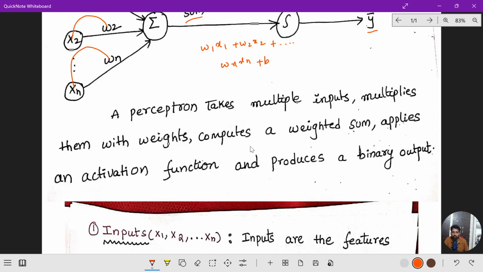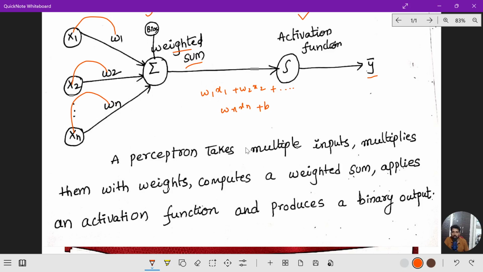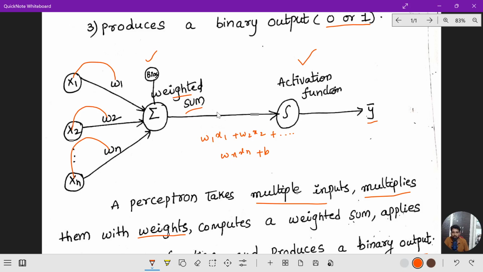So you see the description: a Perceptron takes multiple inputs, multiplies them with weights, computes the weighted sum, and applies some activation function. Finally it produces the binary output. So this is called the Perceptron algorithm. One of the most important diagrams.